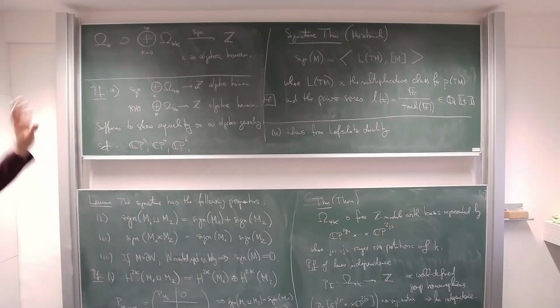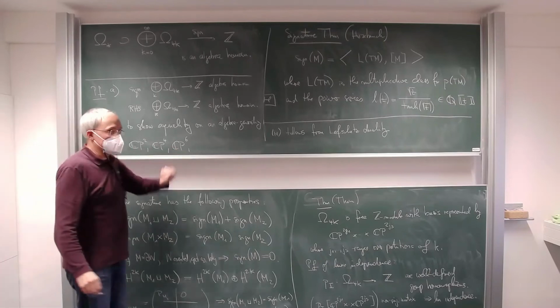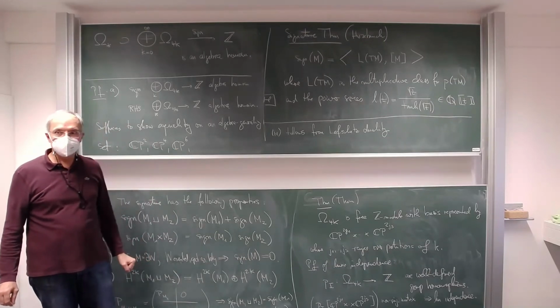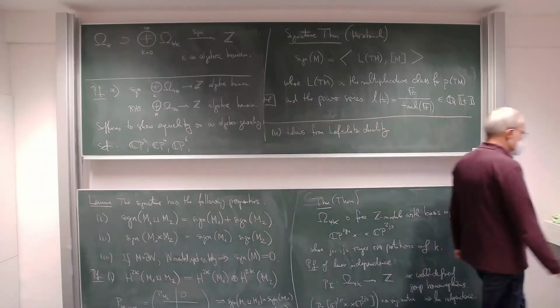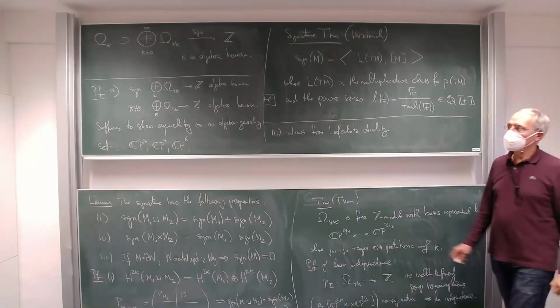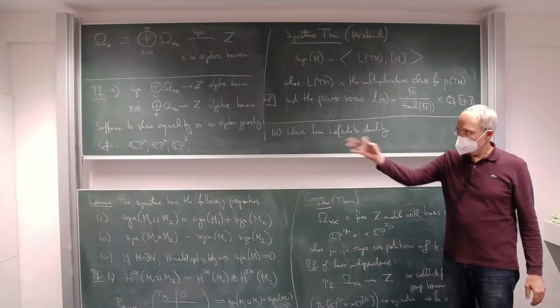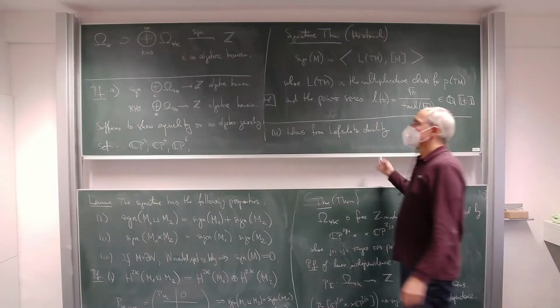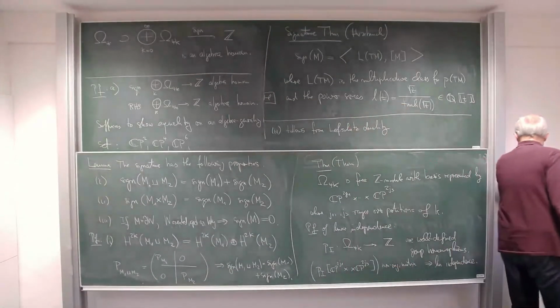So in order to show the theorem, we actually only have to check it on these particular manifolds. And that's what we do. We simply compute both sides for these particular manifolds. Good. Let's do that.